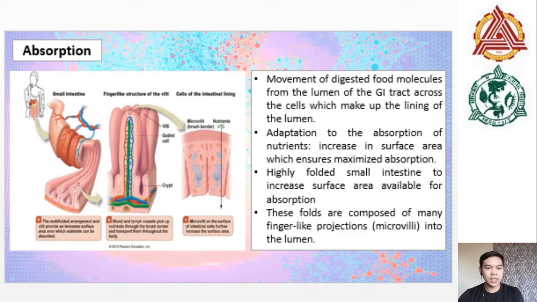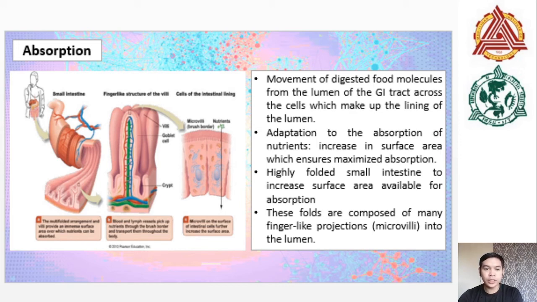The products of digestion such as amino acids, monosaccharides, free fatty acids, and glycerol must be absorbed from the gastrointestinal tract for utilization by the animal. The process of absorption requires the movement of these molecules from the lumen of the GI tract across the membranes and into the cells. It occurs in the small intestine.